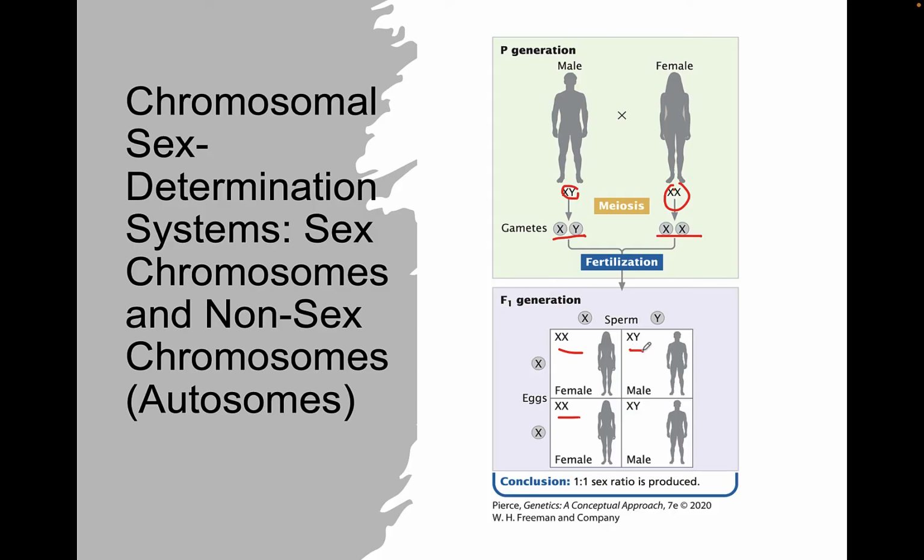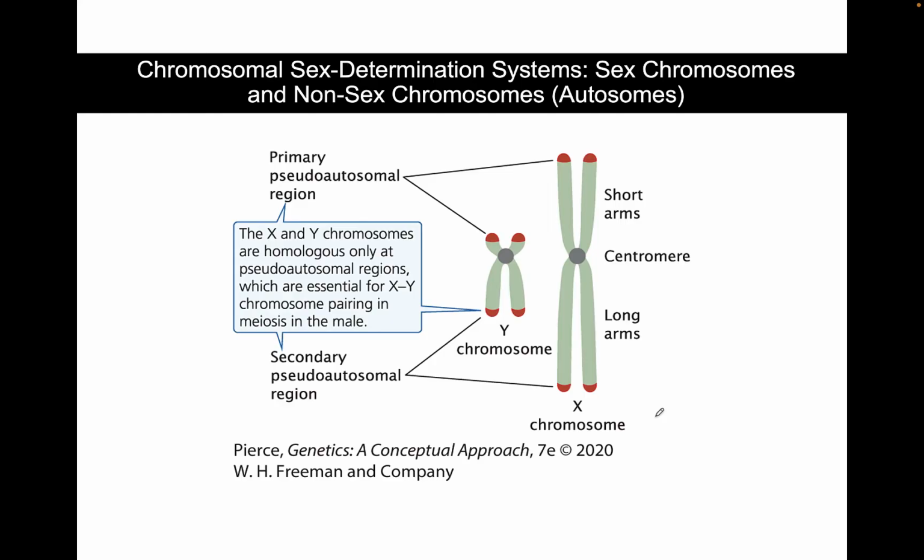So it's about a 1-to-1 ratio of male to female production. So what role do chromosomes carry in sex determination? Remember, chromosomes are vehicles for carrying genes that help regulate sex determination.